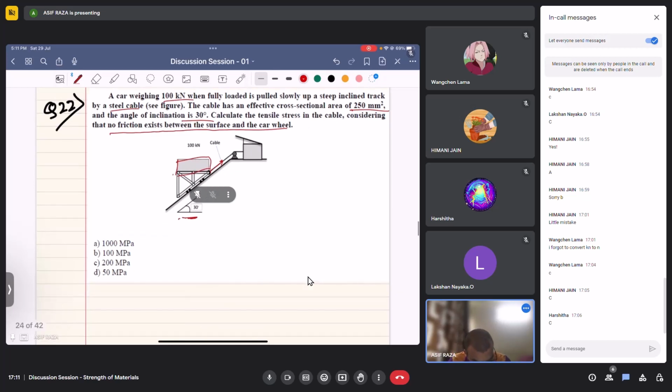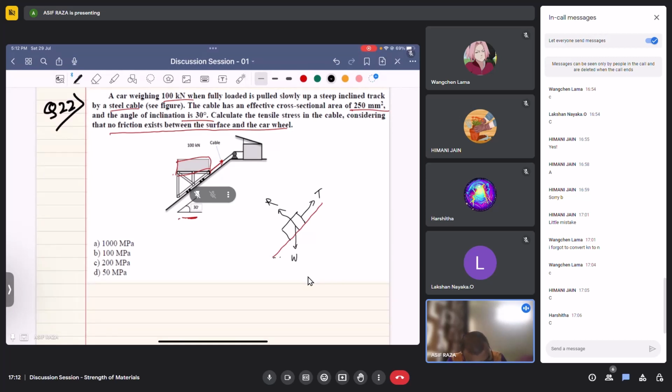So this is the thing. I'll just convert it into like this. Weight W. Tension on the cable. And the reaction force from the ground or the inclination.